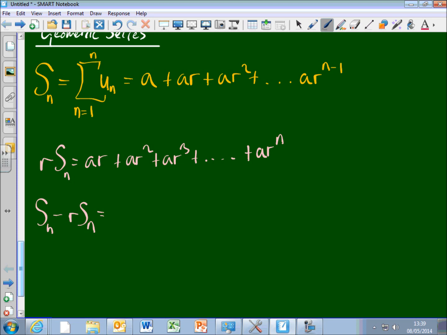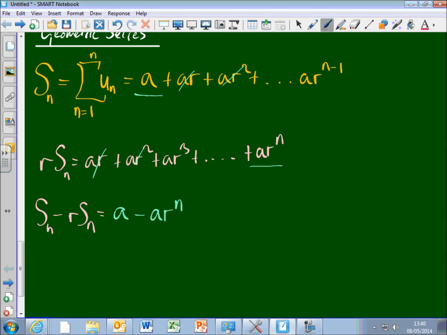Well, this ar here is going to cancel with that one there, because I'm taking them away from each other. And that's going to cancel with that. And they're all going to cancel all the way down, apart from, there's nothing that cancels with the a. So I'm going to get an a there. And there's nothing that will cancel with this thing here. So I get that. Everything else gets cancelled out.